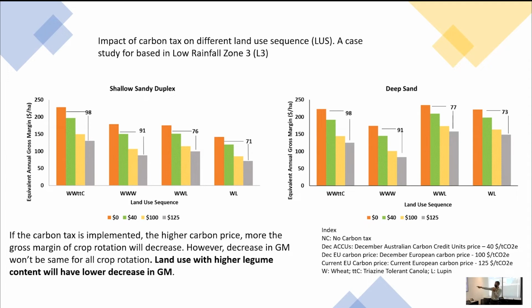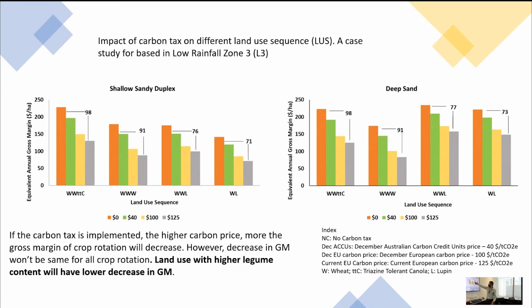So basically, if you have a look at both graphs, as the carbon tax increases, the gross margin per hectare will decrease, because all of these crops are emitting carbon, so we'll have to pay for that. But one of the main key messages: you have the gross margin on the horizontal axis, while the land use sequence is on the vertical axis, wheat canola, wheat lupin, and so on.